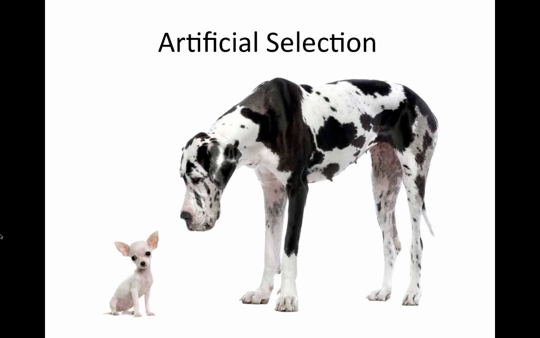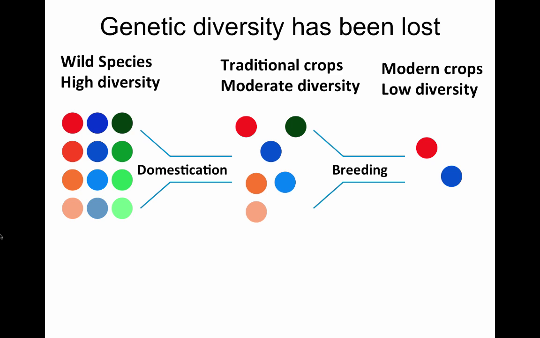So we see this in artificial selection all the time. And one of the consequences of artificial selection is that we tend to decrease genetic diversity in the course of very intensively selecting these traits. So if we look at this model of domestication and breeding for crops, we see that in the wild species, there's a very high genetic diversity due to broad interbreeding, sexual reproduction, the things that we'll talk about in the next section on mutations and genetic variability that you tend to see in wild populations.